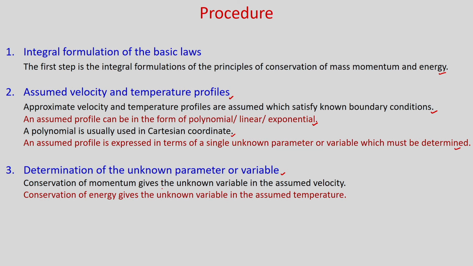Conservation of momentum gives the unknown variable in the assumed velocity profile, and conservation of energy gives the unknown variable in the assumed temperature profile. If you follow these three steps, then you can use this integral approach to solve the boundary layer equations, and we can find the velocity and temperature profile, as well as the heat transfer coefficient and the Nusselt number.